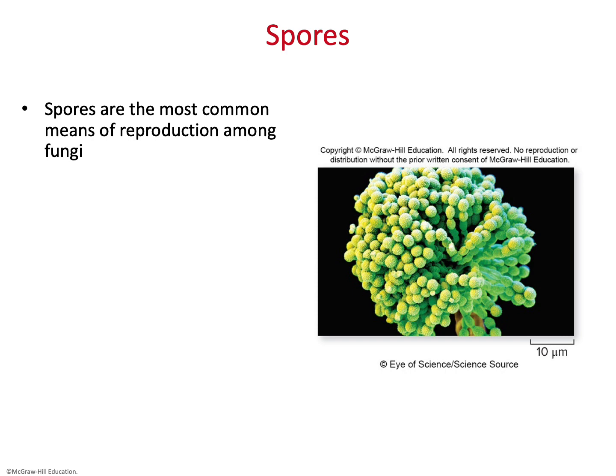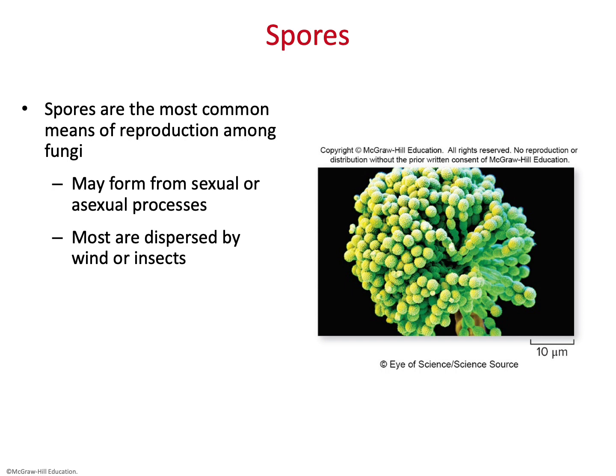Spores are the most common means of reproduction among fungi. These spores are very resilient to drying out, heating, and freezing. Spores may form as a result of asexual or sexual processes and are often dispersed by wind, insects, or other small animals.